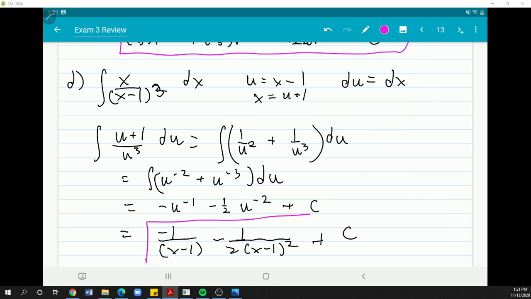So I need to make sure that I fix this integral on the review sheet. But if we change it to x over x minus 1 cubed, then this works out. And this is one where you almost definitely wouldn't just guess that that's the integral. It takes a little bit of doing, and that's why u substitution is nice.